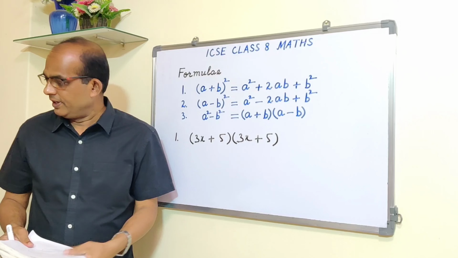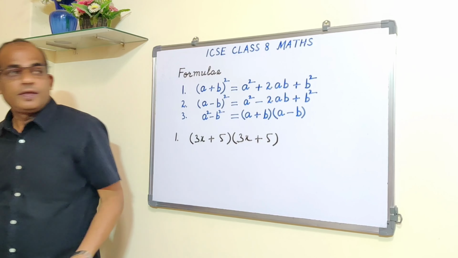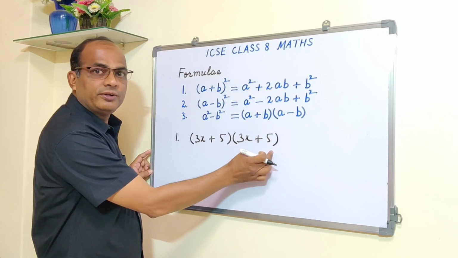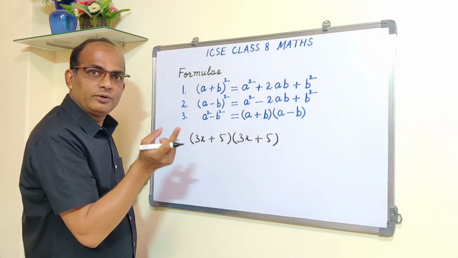This product we are finding out. Now see the same term, 3x plus 5 here also, 3x plus 5 here also. That means 3x plus 5 whole square.